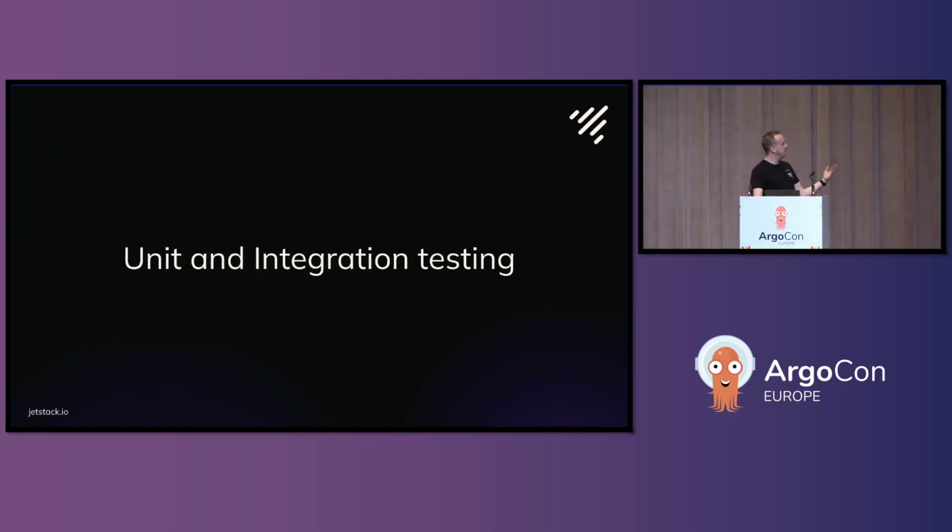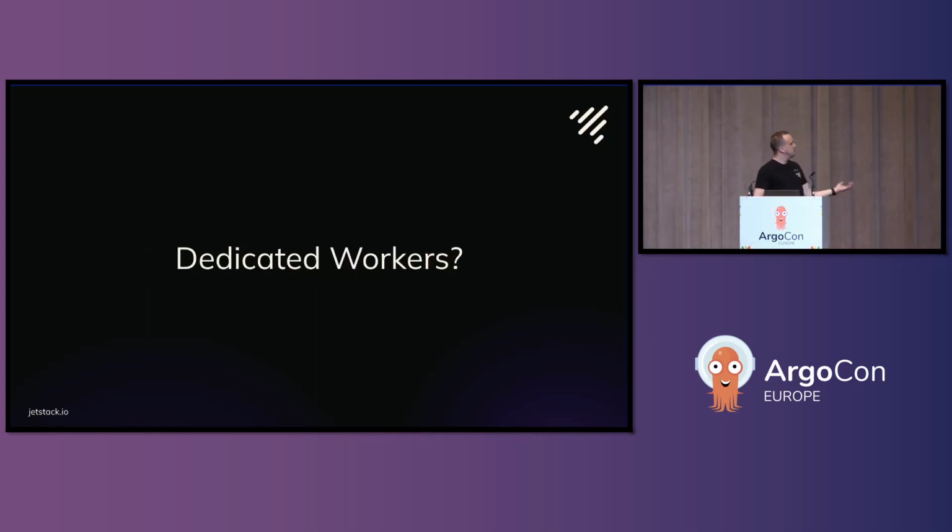But some of the preventions and safety measures that we could have put in as a platform team, not only from the developers and the API layer, was dedicated workers. This is a bit of a mixed role in a cluster.